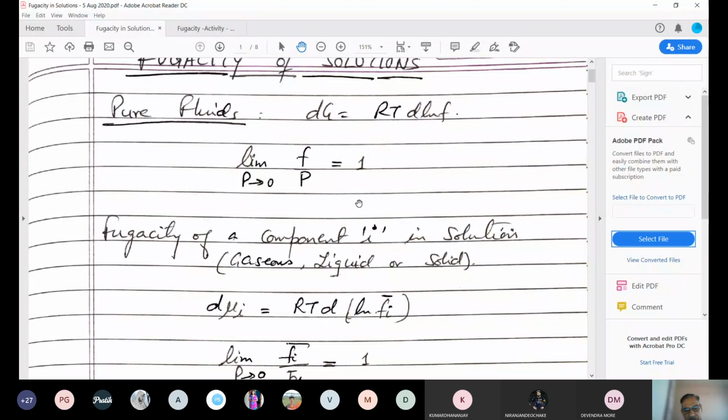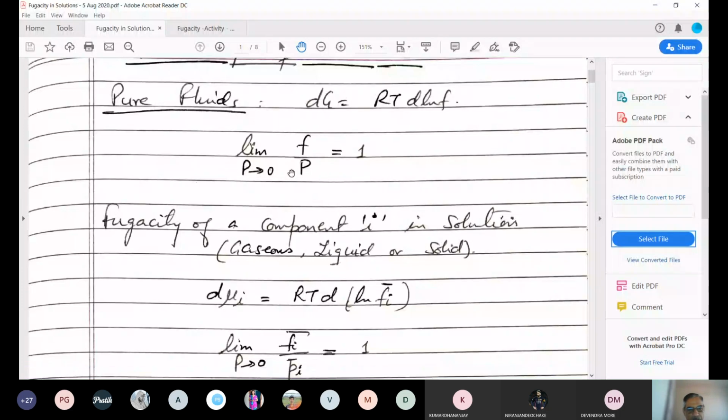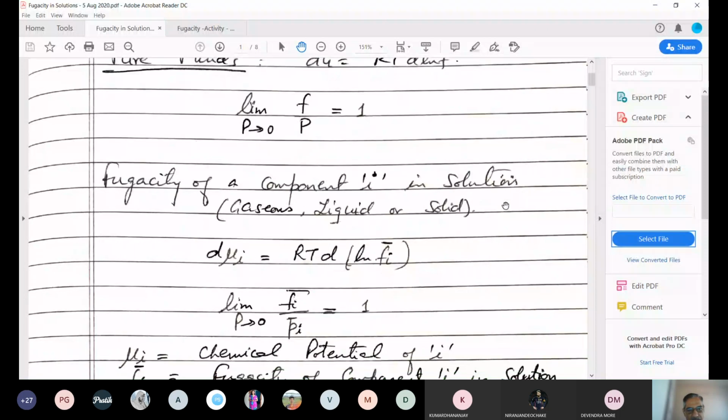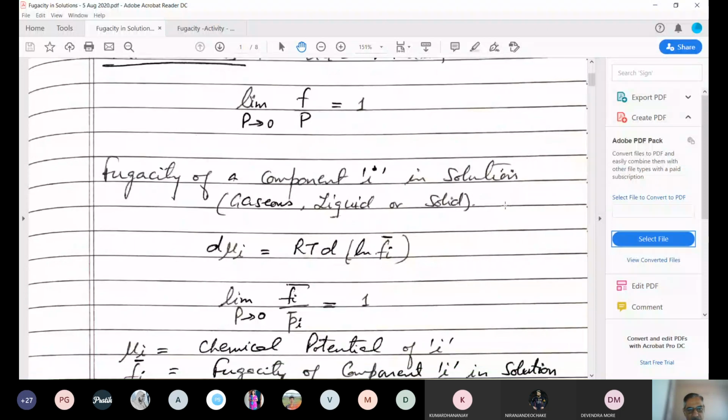And by definition, f by P is equal to 1 as pressure approaches 0 or low pressure. At very low pressures, the ratio of fugacity to pressure is equal to 1. That means fugacity is equal to pressure at very low pressures. That is ideal conditions. That's why we say for ideal conditions, fugacity is equal to pressure.